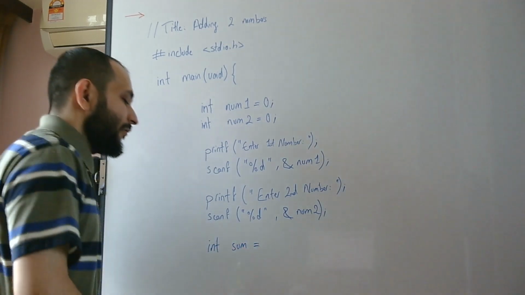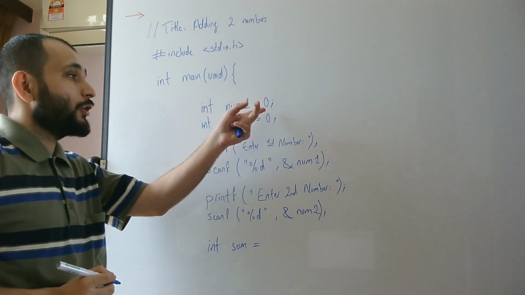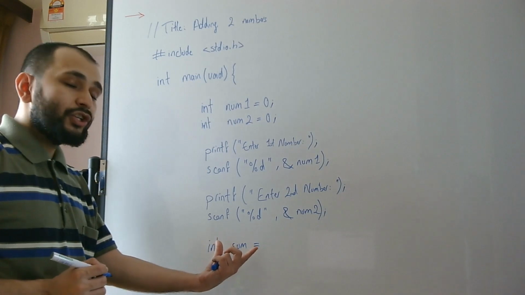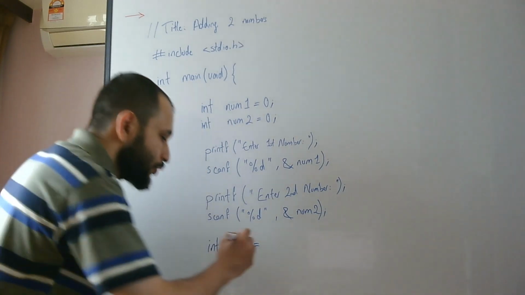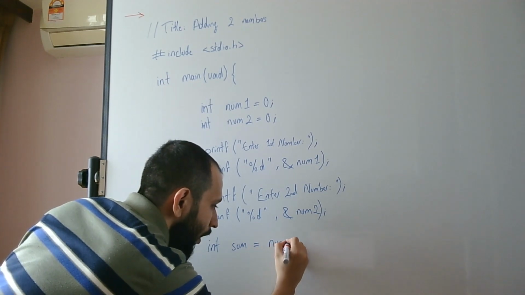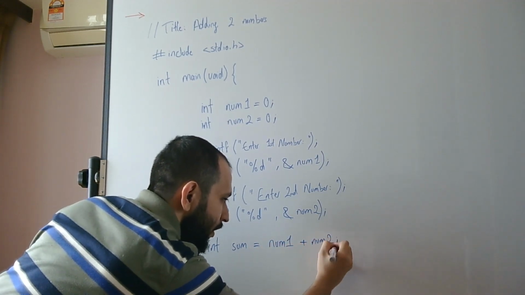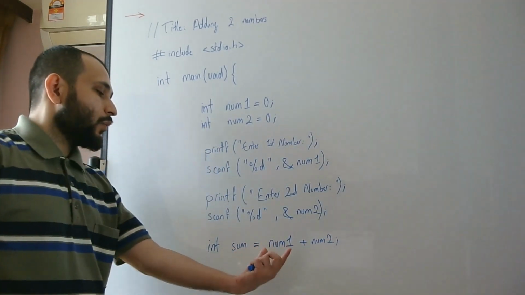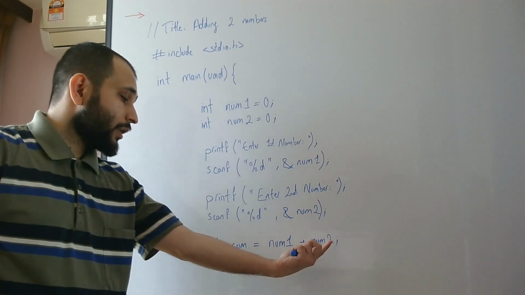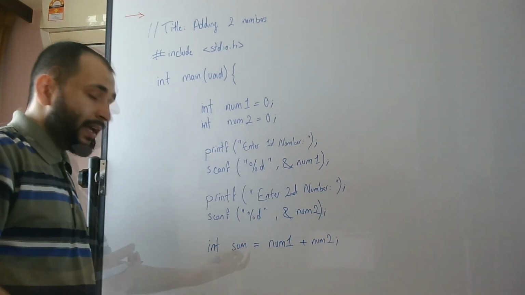Here we initially gave the value of 0 to these numbers, but here we can directly initialize the value of sum to the result of num1 plus num2. So whatever value was in num1, it's going to be added to num2, and the result is going to be stored here in the sum.